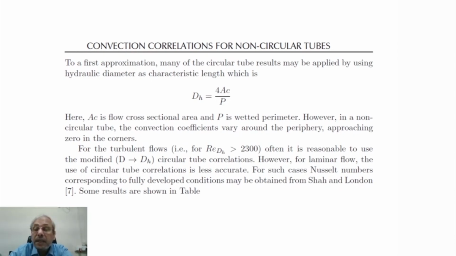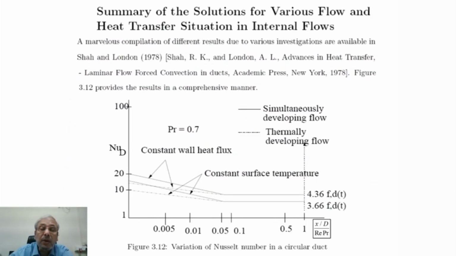For such cases, Nusselt numbers corresponding to fully developed conditions may be obtained from Shah and London's book that I have mentioned, the compilation of Shah and London's results for the case of flow through tubes.